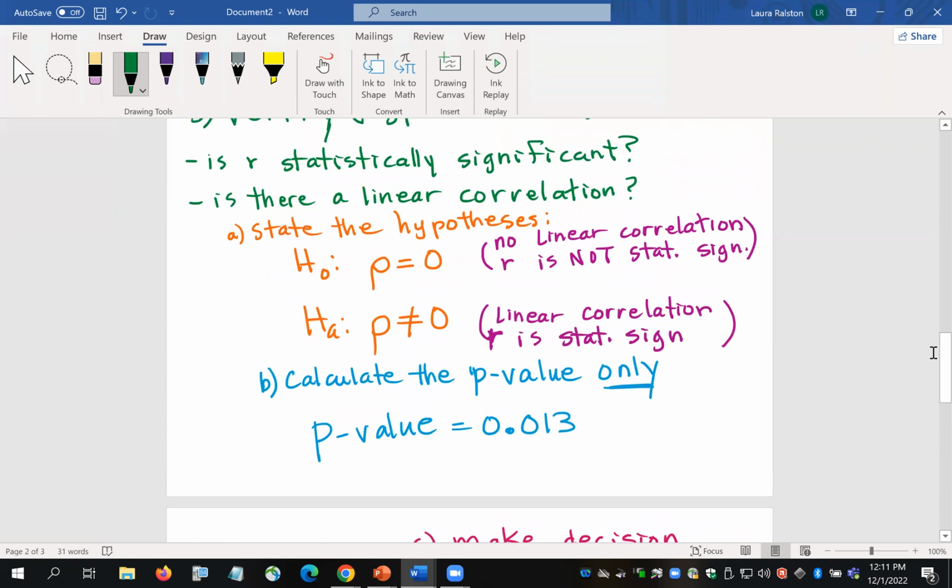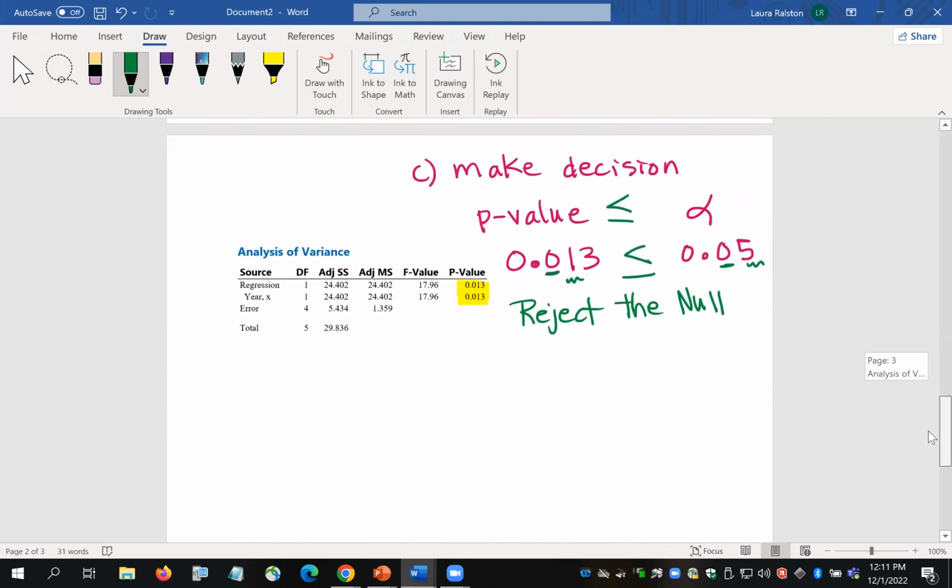In this context, if I reject the null, that means the null is false and the alternative is true. If the alternative is true, that means yes, R is statistically significant, and yes, there is a linear correlation.